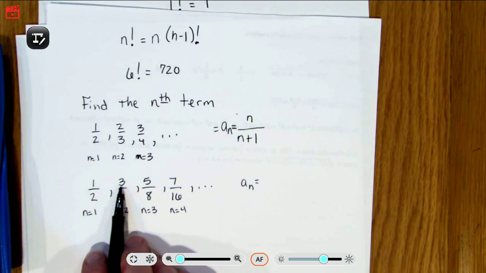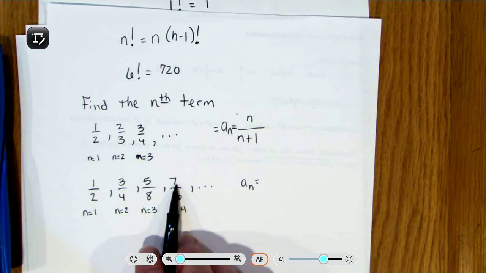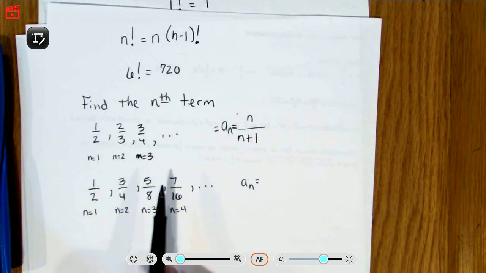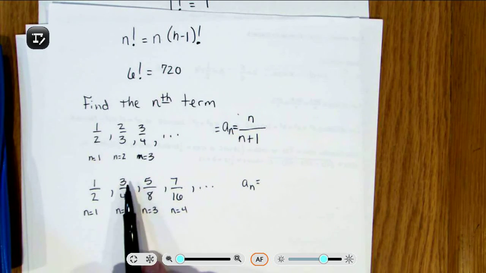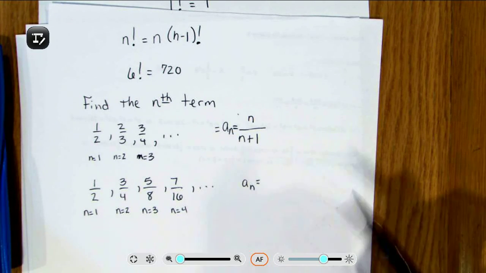This is going up by 2's every single time, or my odd numbers. It has to work for all of them. Maybe I'll do the bottom first. Maybe that's easier to see.